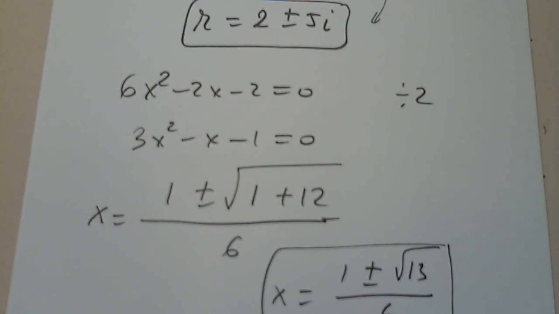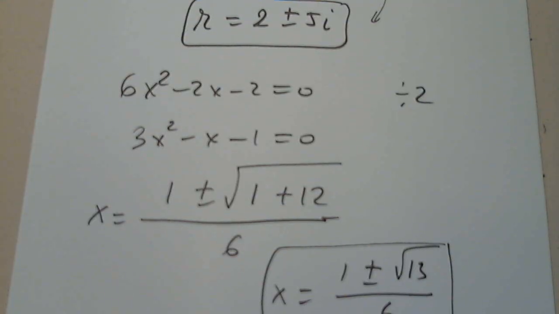So we enter it as a fraction, and at the top, 1 minus the square root of 13, and it's divided by 6. And then comma, the same thing with plus, divided by 6.